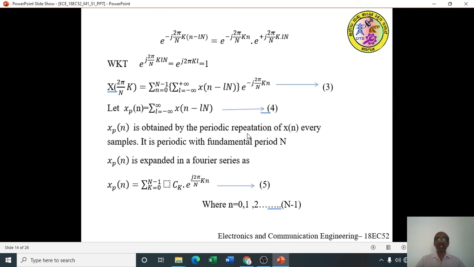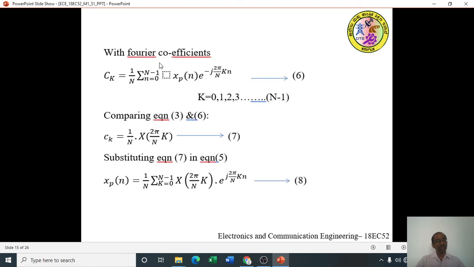Any periodic signal can be represented using Fourier series as xp of n is equal to summation k varying from 0 to n minus 1 ck into e power j 2 pi by n into kn, and with Fourier coefficients ck equal to 1 by n summation 0 to n minus 1 xp of n into e power minus j 2 pi by n into kn.